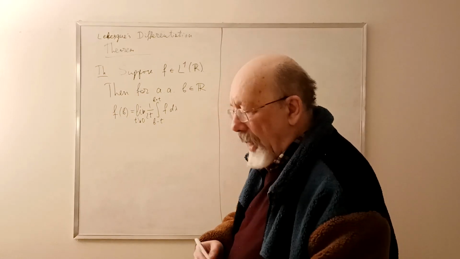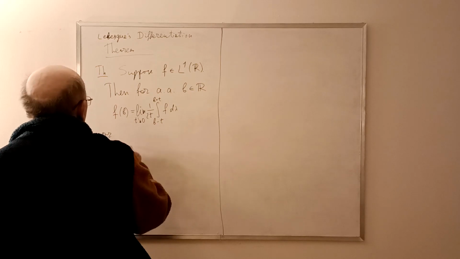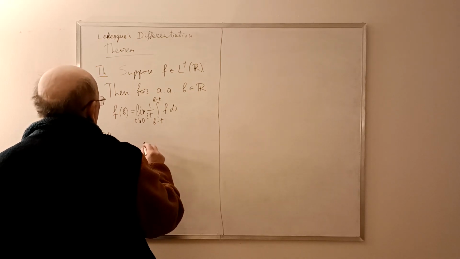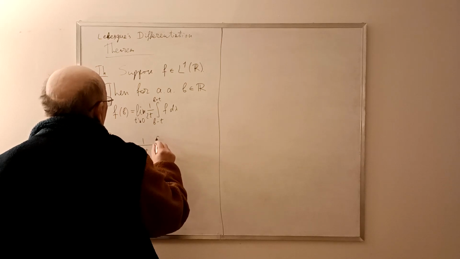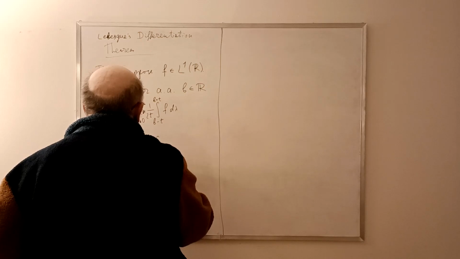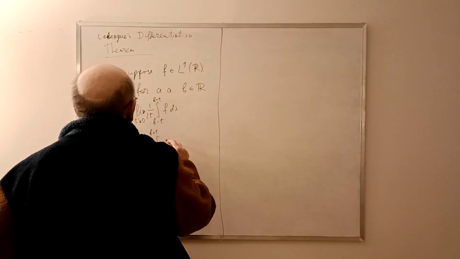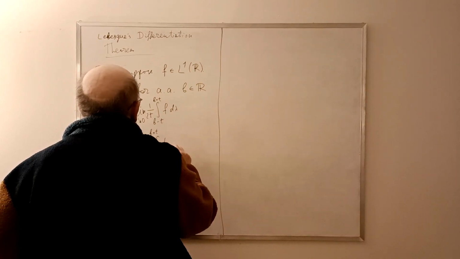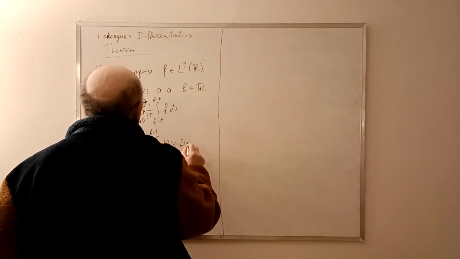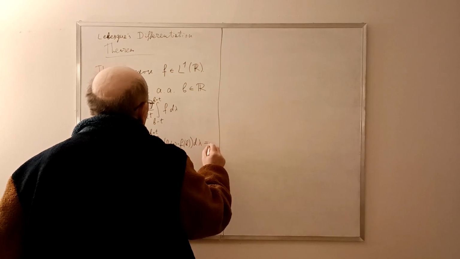Or we can write the limit of 1 over 2t integral from b minus t to b plus t of f of x minus f of b d lambda equals 0.